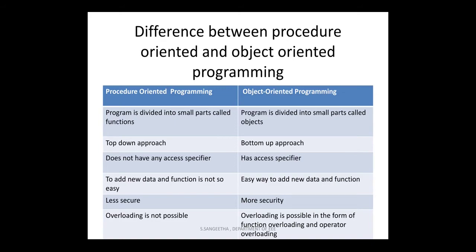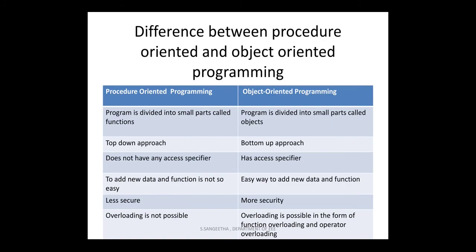Procedure oriented programming is a top down approach, whereas object oriented programming is a bottom up approach. Procedure oriented programming does not have any access specifiers, whereas object oriented programming has access specifiers. Adding new data and functions is not easy in procedure oriented programming, whereas in object oriented programming it is easy to add new data and functions.